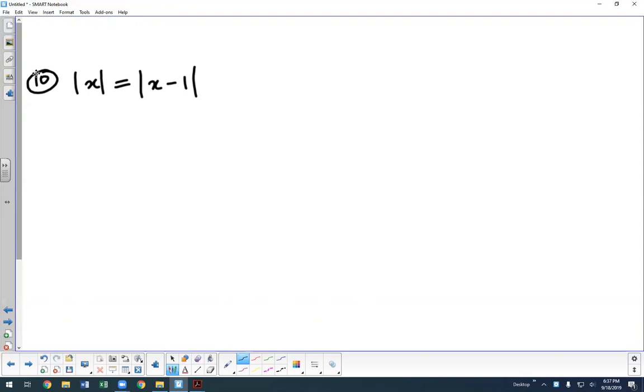So we've got absolute value on both sides, right? So we're basically saying you should still get the same distance from both sides, but that also means I can get my distance on the positive side of the number line or on the negative side. So we still have to set this up with the two different options, one positive, one negative.